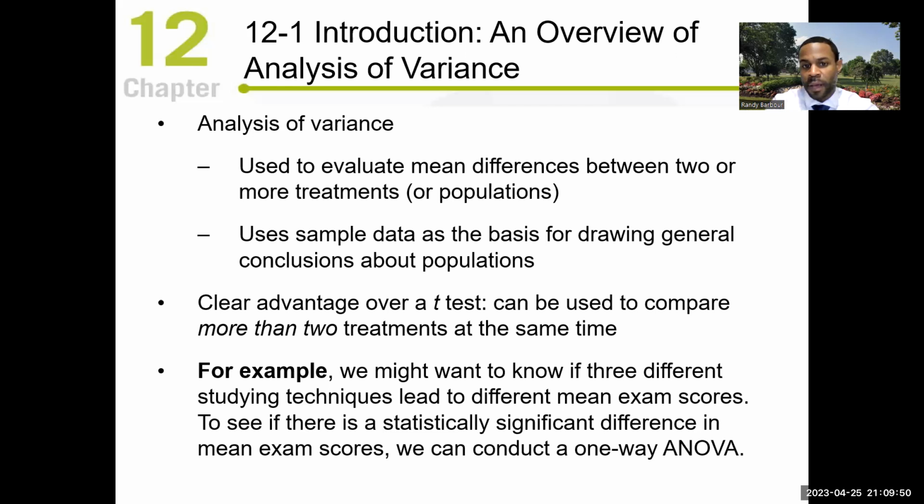So for example, you might want to know if 3 different studying techniques lead to different mean exam scores. One of those techniques, maybe I asked you all to read a passage, and I'm looking at reading comprehension and how you're going to score on a test on the information that was presented to you.